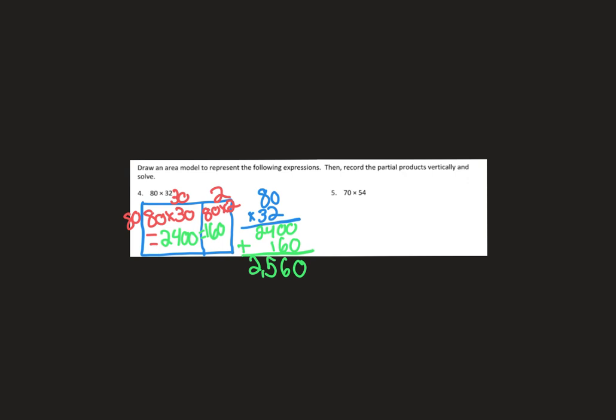Now let's try the second one. Let's draw a box first. Okay. Now we'll have 70 over here and 54. So this is 70 times 50, which equals 3,500.